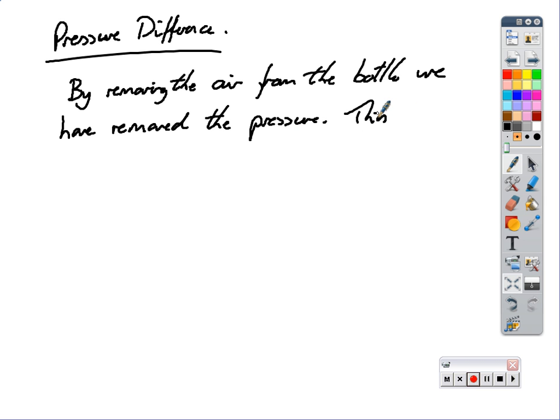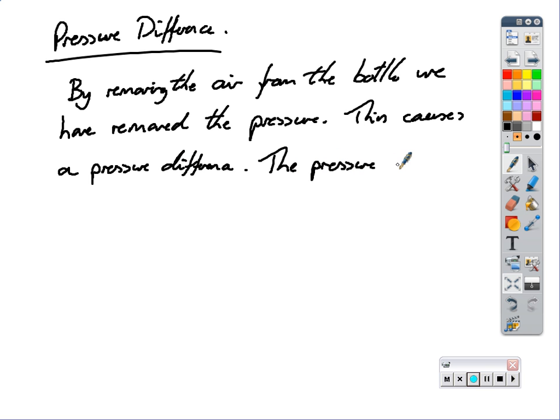This causes a pressure difference. It's the pressure difference over the area which causes the force.